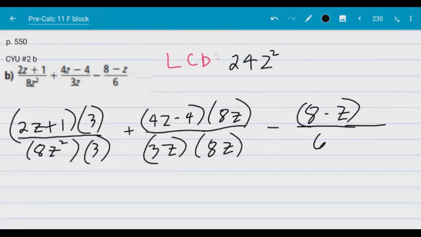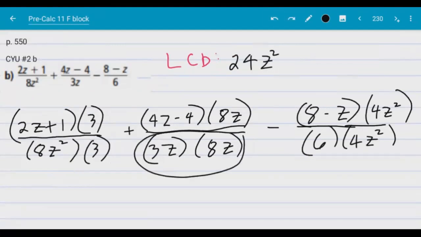How do you turn it into 24z squared? Yes, it would be 4z squared. That means the top also needs to be multiplied by 4z squared. If you check all of the denominators, this one would be 24z squared, this one 24z squared, this one 24z squared.